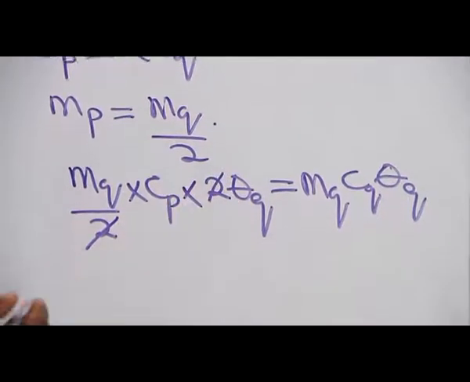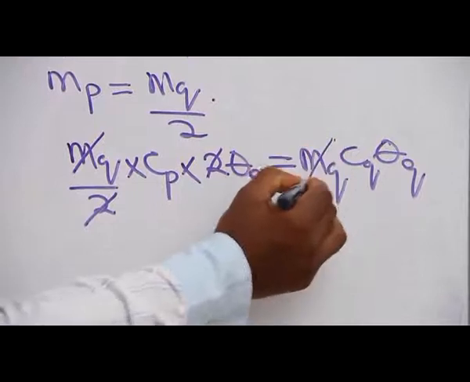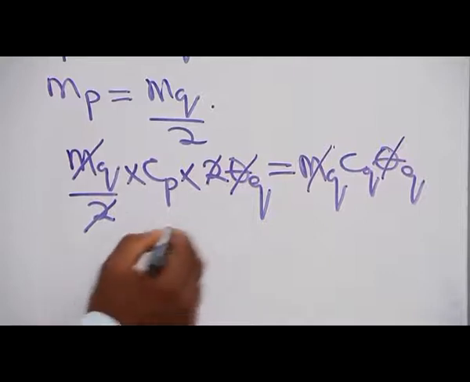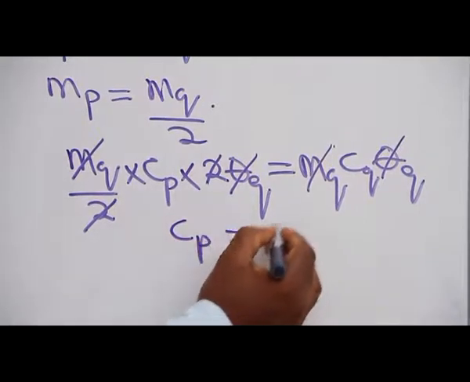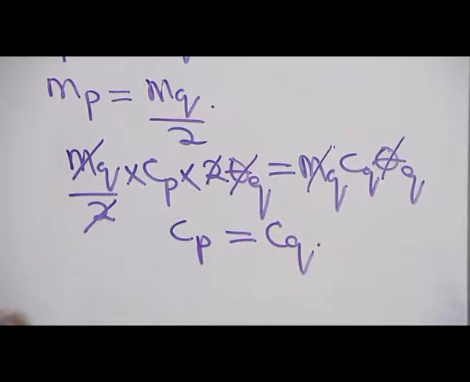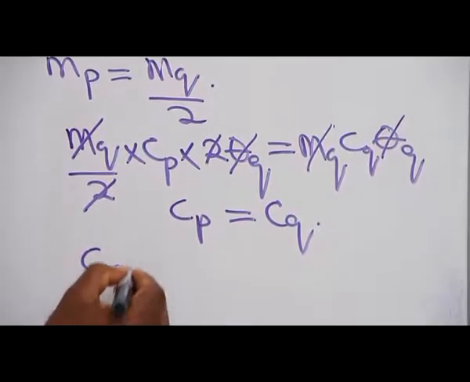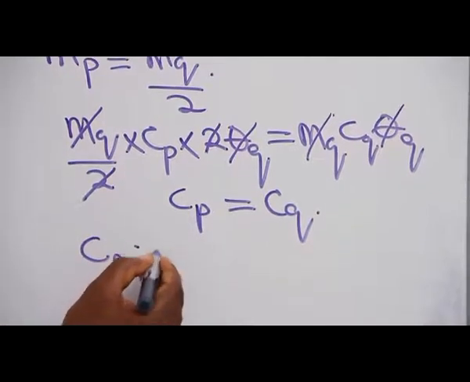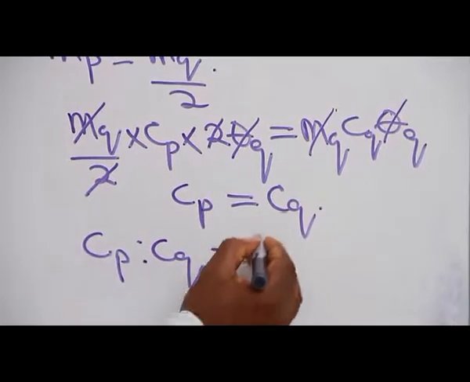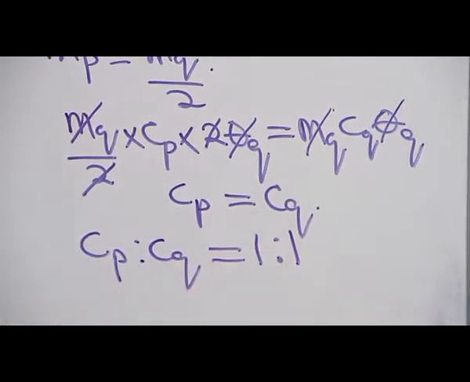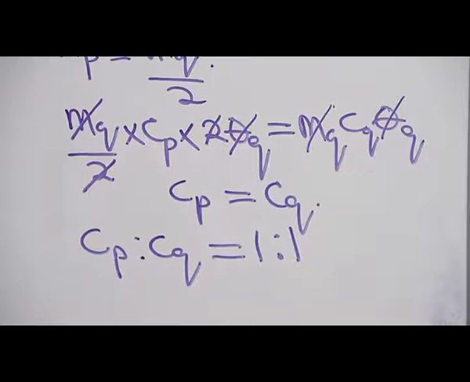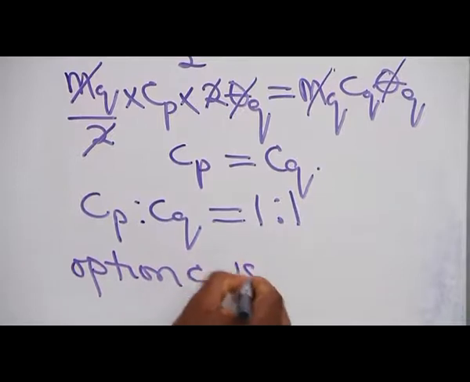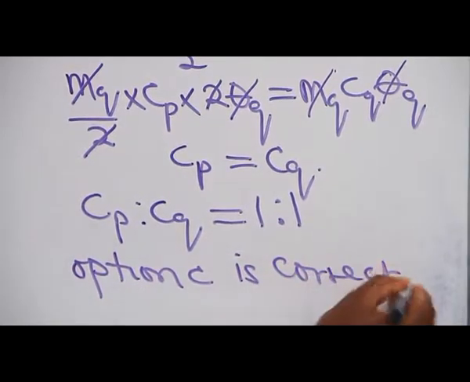We cancel 2 here, we remove MQ, and we remove theta Q on the other side. We are left with CP is equal to CQ. Therefore, the ratio of the specific heat capacity of P to the specific heat capacity of Q is 1:1, since they are equal. By this, option C is correct.